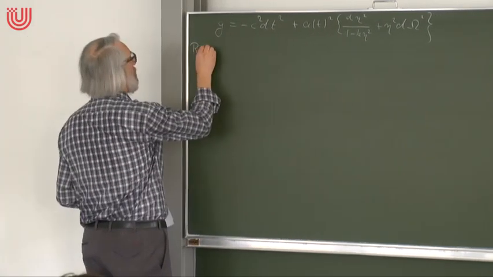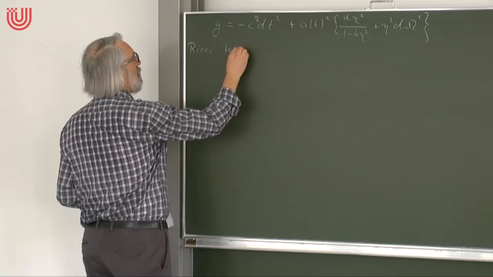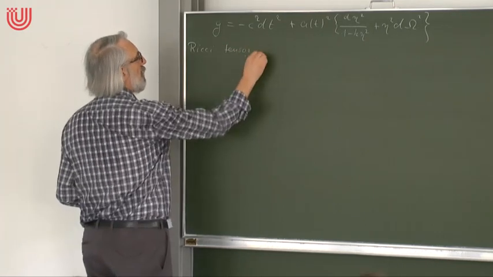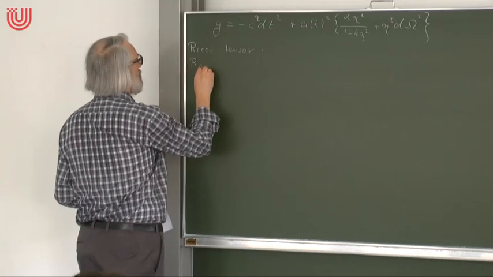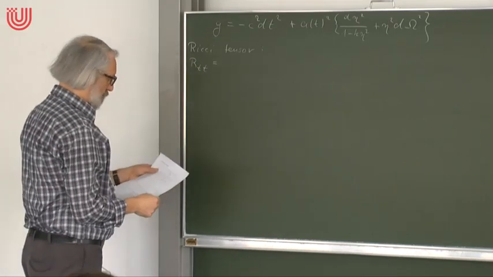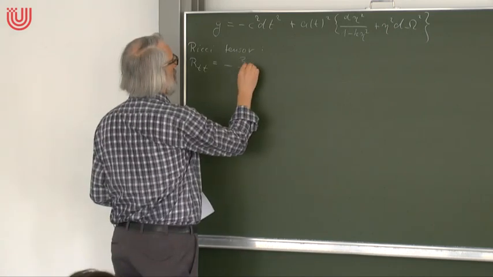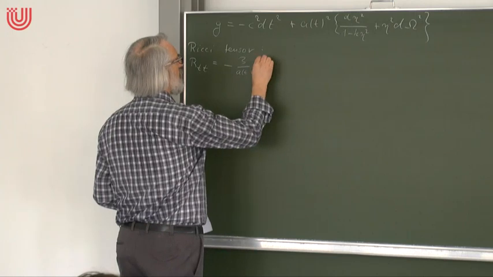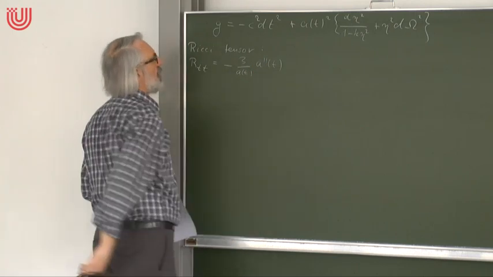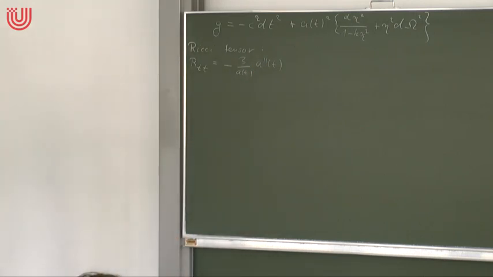Okay, so you calculate the Ricci tensor, or rather you let a computer program do the work for you. And to get a tt component, that's fairly short, minus 3 a double prime of t. And please, for the purpose of this lecture, when I do it on the board, allow me to write a prime for the derivative. In most books you could use a dot.